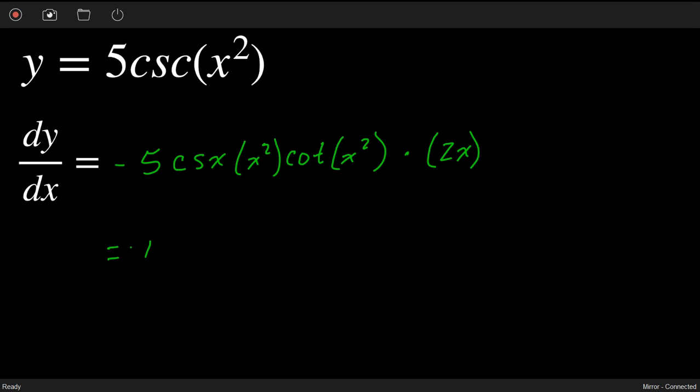Cleaned up, this would be negative 10x cosecant x squared cotangent of x squared.